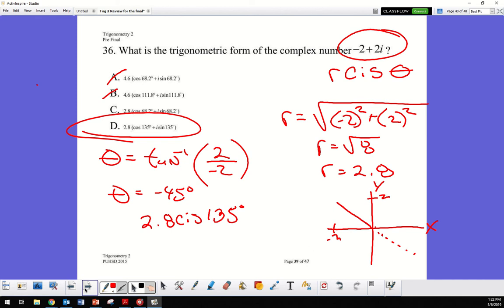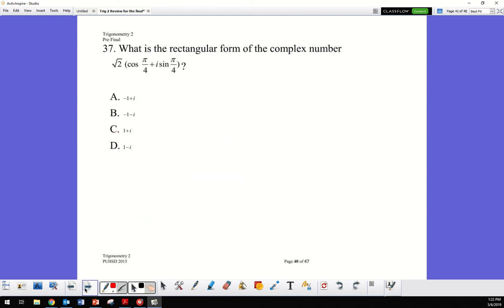Going back. Okay, did anyone have trouble putting that in the calculator? What's the rectangular form of this complex number? Now, what could I do with this? You can, but first thing, let's do it by hand.